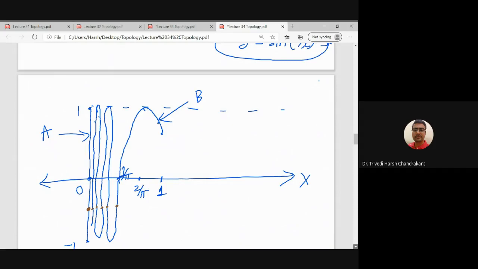So every element of A can be considered as a limit of elements of B which are converging to that horizontally. So all the points of A belong to the closure of B.